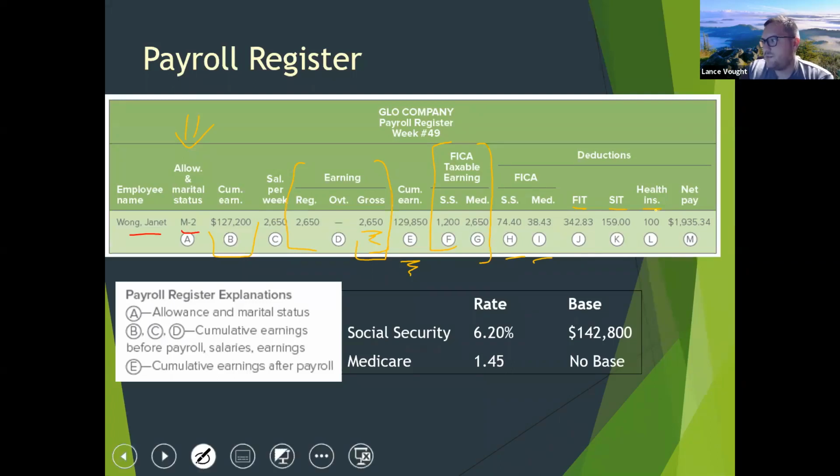And then don't forget, they paid health insurance too. $100 a week seems like a good deal for health insurance these days, if you can get any. And so after all of that is taken out, the amount of money that she takes home is $1,935.34.